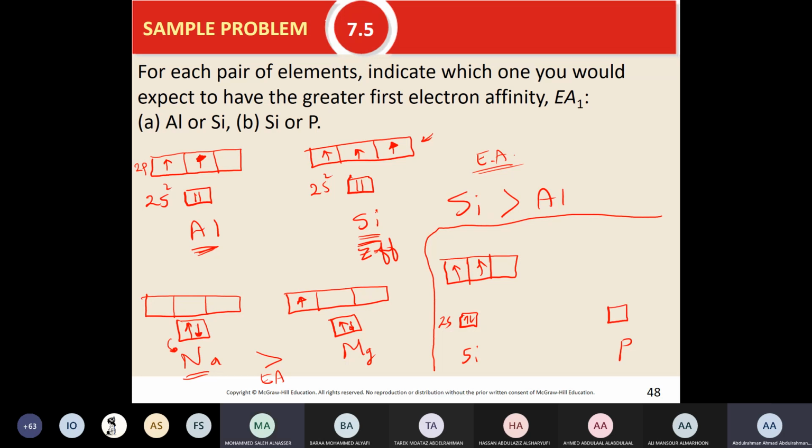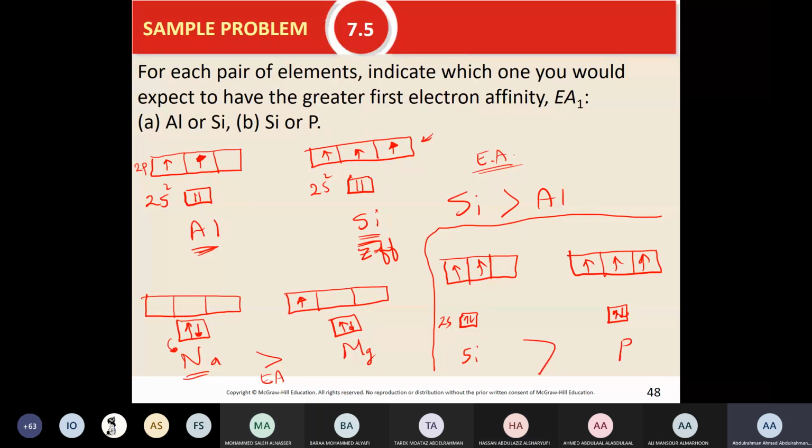Phosphorus has 2 electrons in s and 3 electrons in p. Which one has higher electron affinity? Silicon. Silicon is higher than phosphorus.